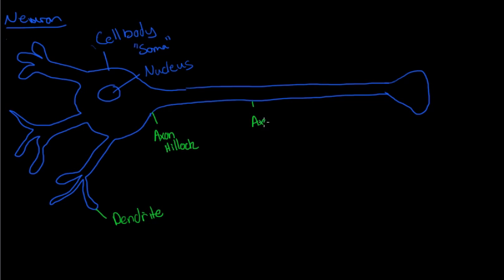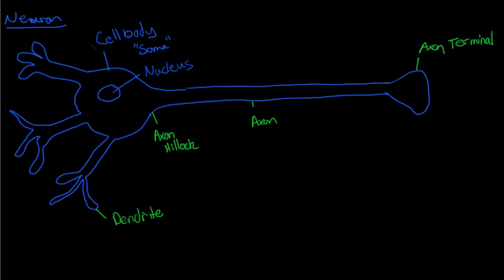We have the axon here. And then finally at the end, we're going to have the axon terminal. And this is going to synapse onto dendrites of the next cell to create that communication and release neurotransmitters. Axon terminal.